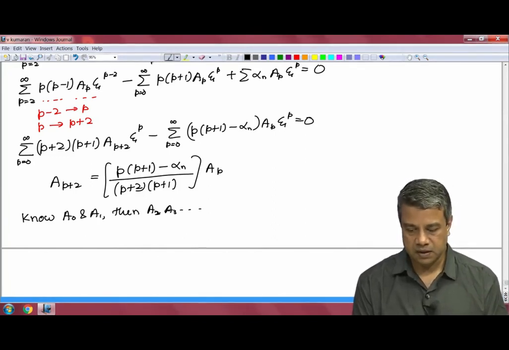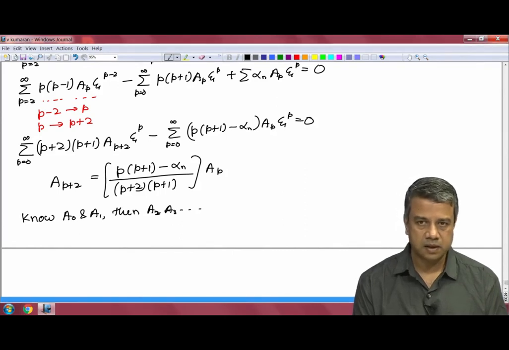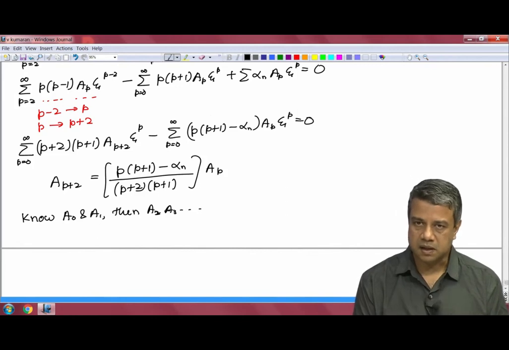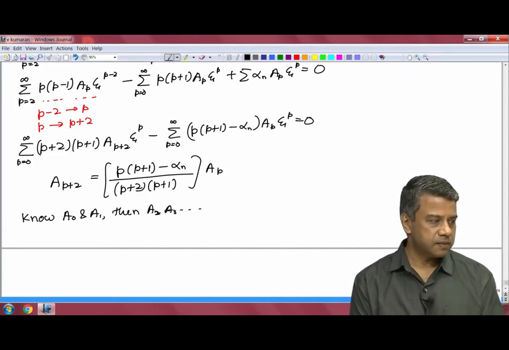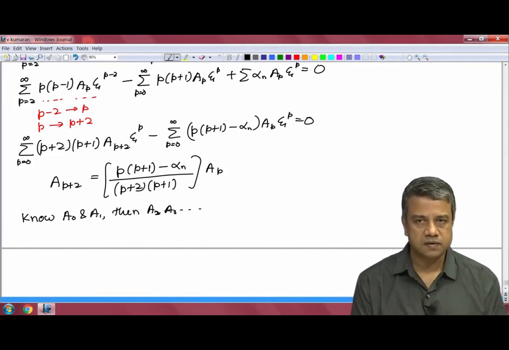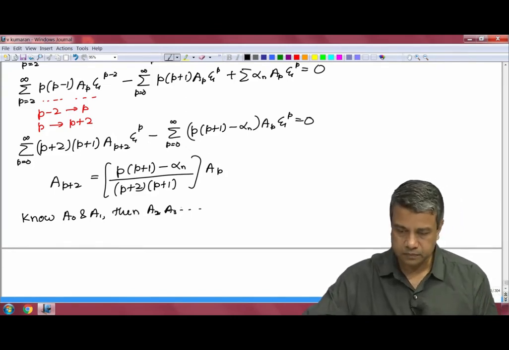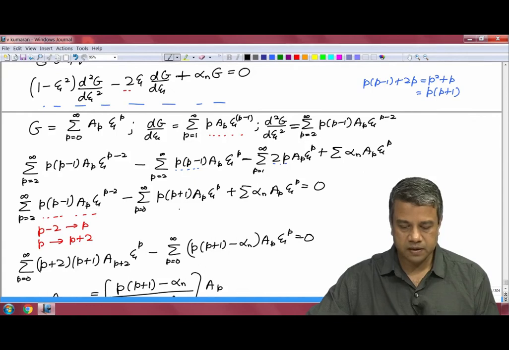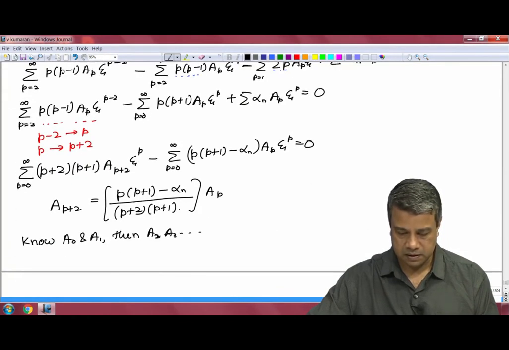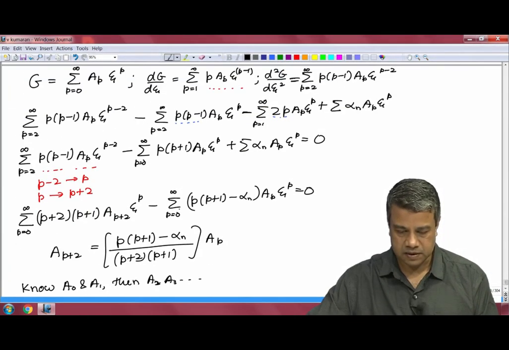So, once I know what is a0 and a1 for the psi power 0, the constant term, and psi power 1, then from that I can find out what is the coefficient of psi power 2, psi power 3 and so on. So, that is the way to find out the solution of this equation. So, there is the series solution for this equation.